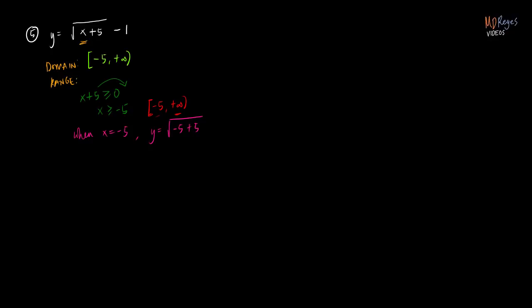That would be equal to 0, right? But we have minus 1. So we have y is equal to square root of 0 minus 1, and that is 0 minus 1, y is equal to negative 1. So therefore, the lowest value for y is negative 1.